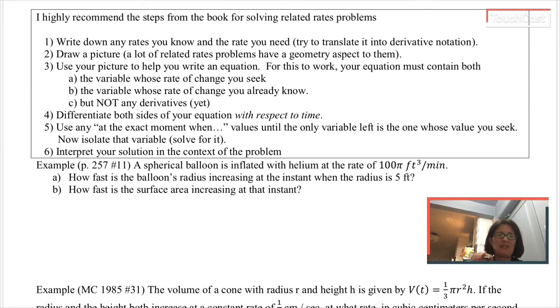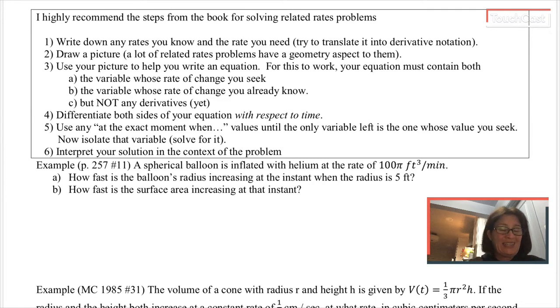At the top of the page, I said that these are all to find how a quantity is changing with respect to time. It's almost always time. But whatever it is that you want to find out with respect to, we're going to take the derivative of both sides with respect to it. And that's going to require implicit differentiation, which is why we just reviewed it.